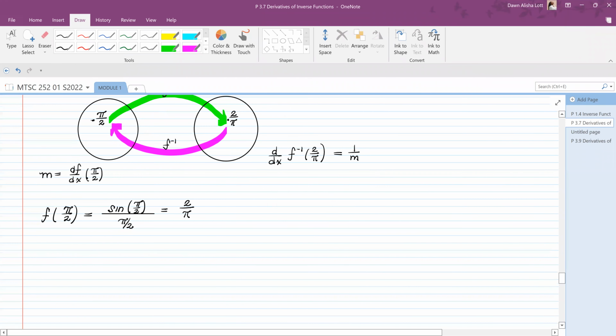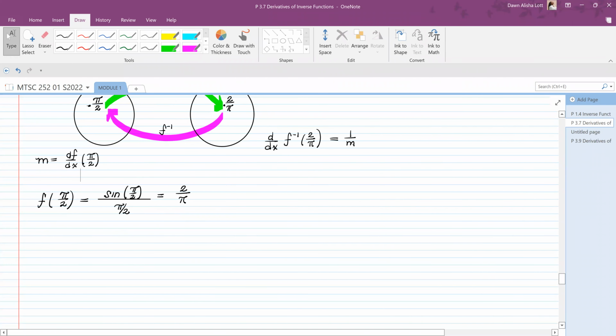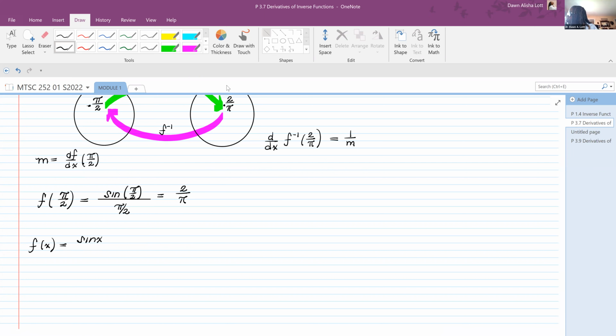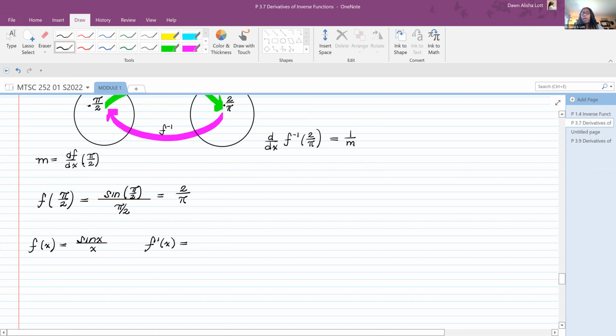So you want to find that, please. F of x is the sine of x over x. So find f prime of x. So what is f prime of x?